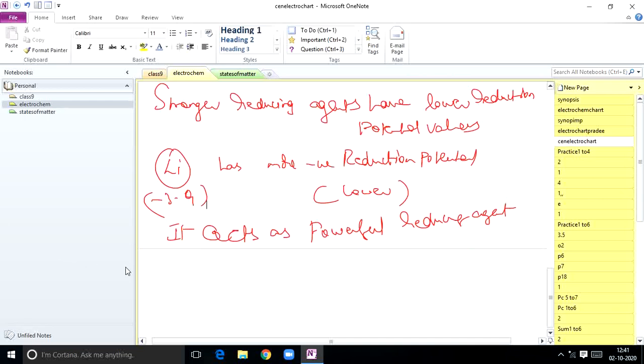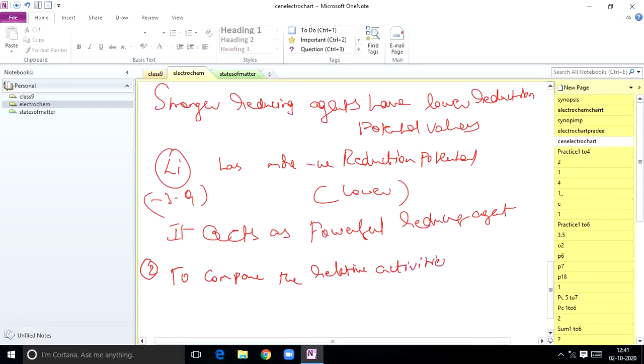Next, second application, to compare the relative reactivities of metals. We use this electrochemical series chart to compare the relative activities of metals. So how can you compare the relative reactivities of metals here?